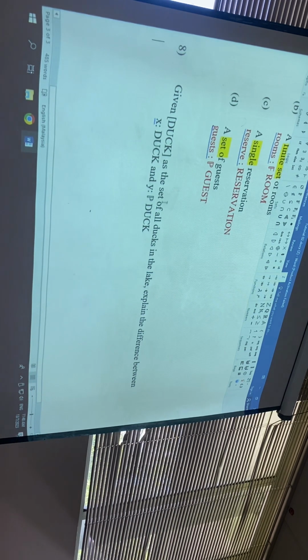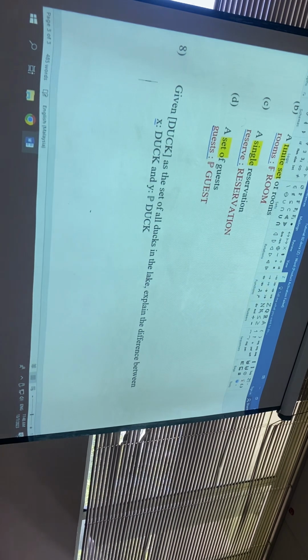Let's say we put X equals 1, one record only, because it's a single duck. X we know is one record only. But how about Y? If I ask you how many ducks are in the system now for Y, how are you going to show that?